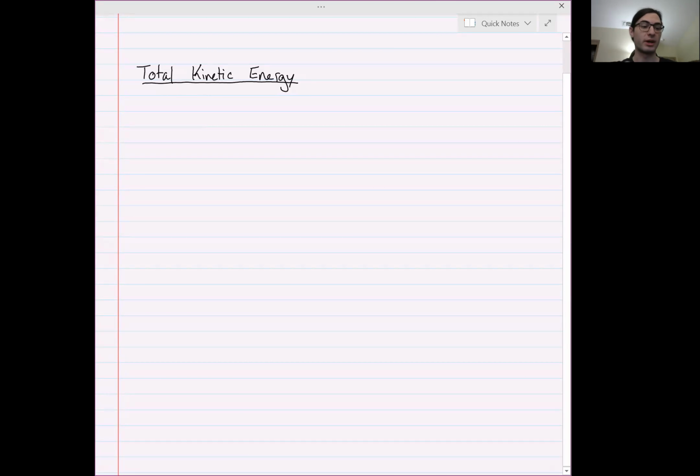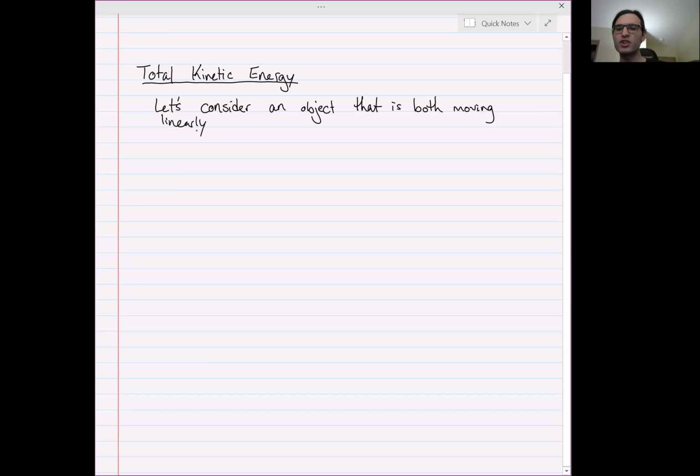So let me do an example. Let's consider an object that is both moving linearly and rotating. Translational kinetic energy is the energy associated with motion in a linear manner.